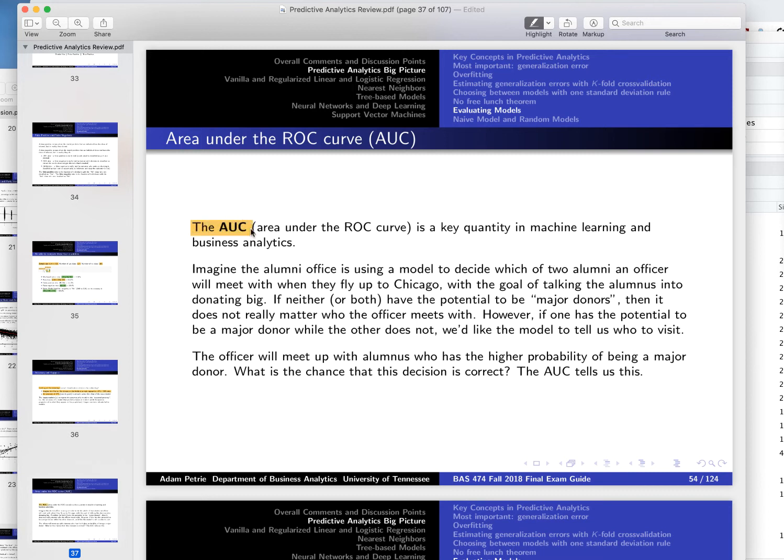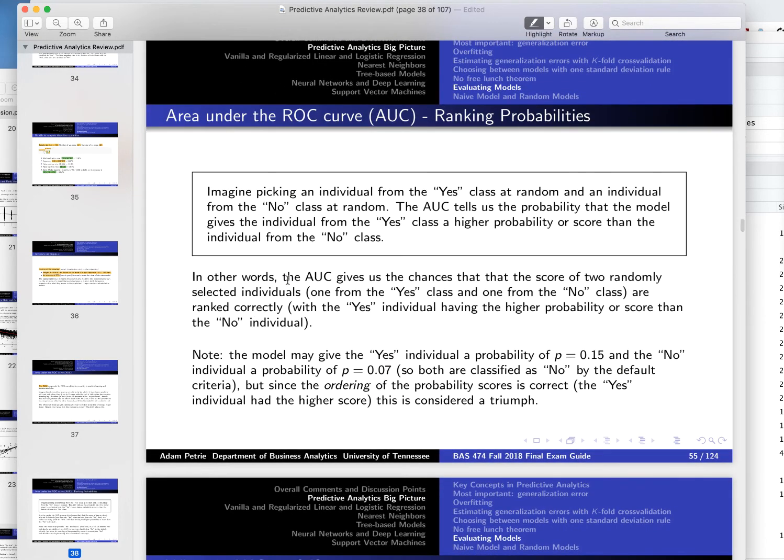So what is this AUC? Well, technically it's the area under the ROC curve. We can gloss over what the ROC curve is because here's a nice definition that I like keeping in mind. Now it's rather verbose, like a lot of things in business analytics and statistics, but here we go. Here's how we can interpret what the AUC means.